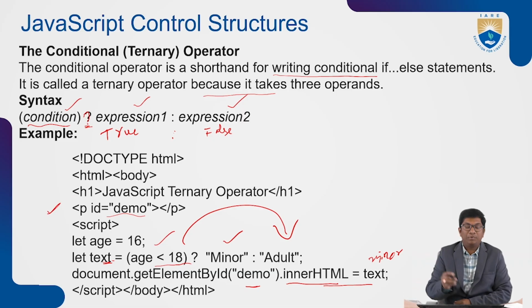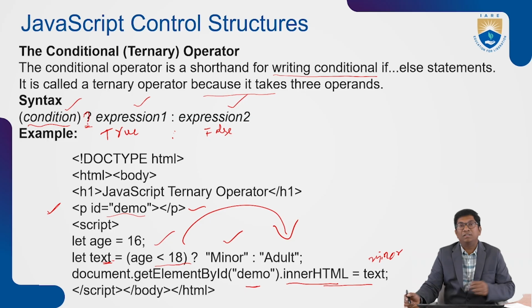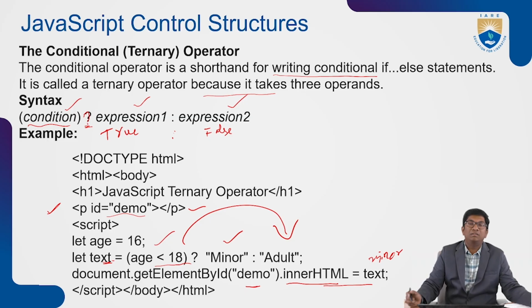So it displays the output in this HTML statement. So that is the use of innerHTML. In the same web page, it will search for the ID and display the output. So that is the use of document.getElementById of the ID name dot innerHTML is equal to that text. That is the output we got here from the ternary operator.